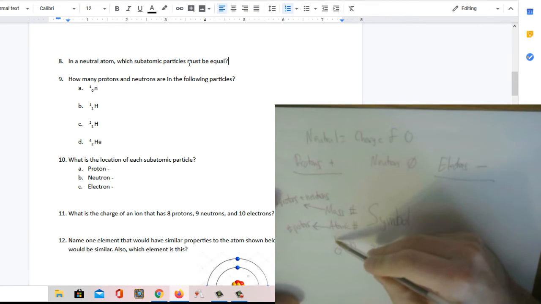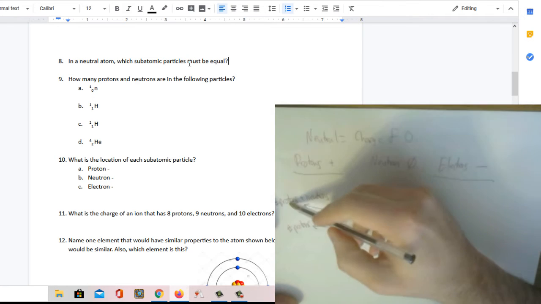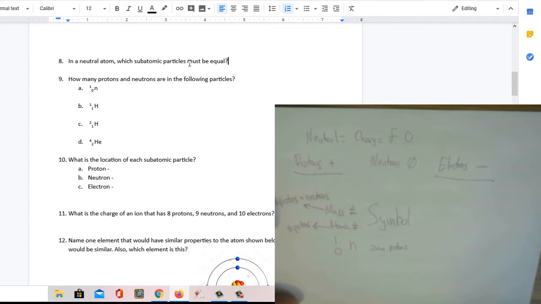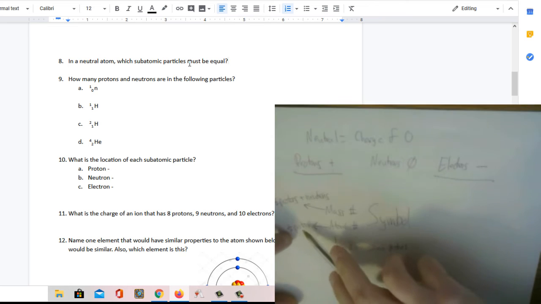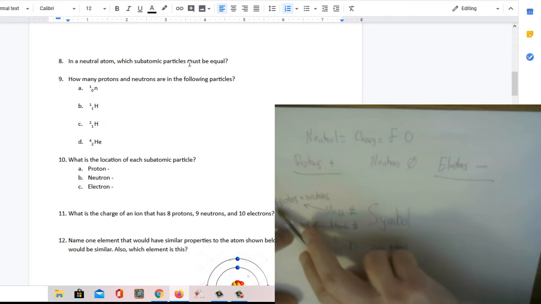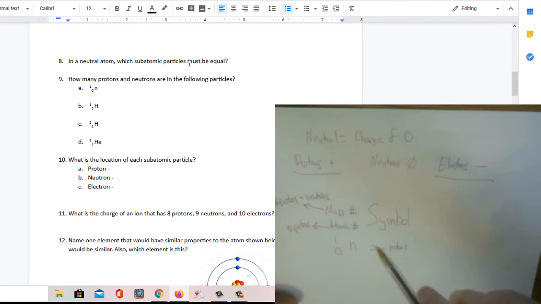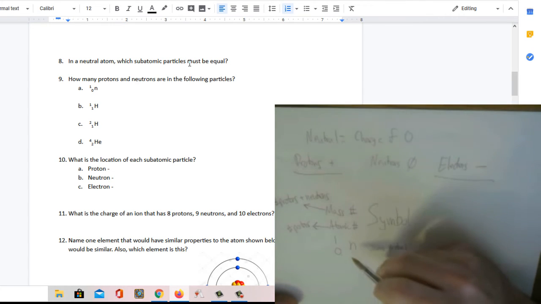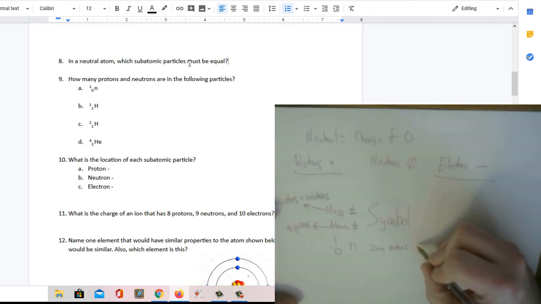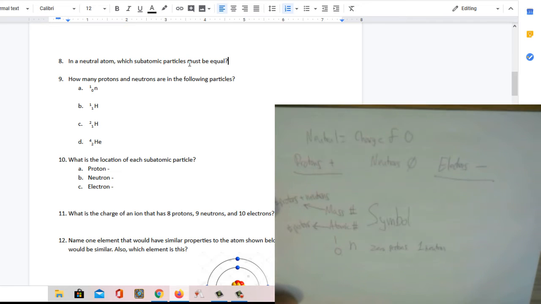And if its mass is 1, that means the number of protons plus neutrons has to be 1. But it doesn't have any protons. So if it has 1 proton plus neutron, and it has 0 protons, that means it's 1 neutron. And that's why it's a lowercase n. It's telling you it's a neutron. So 1 neutron.